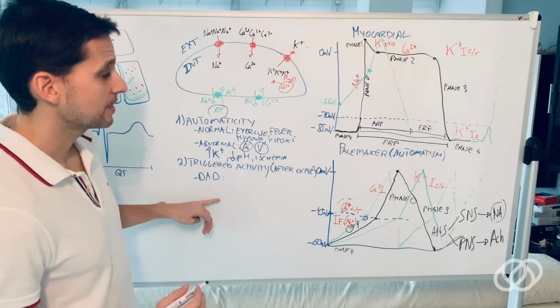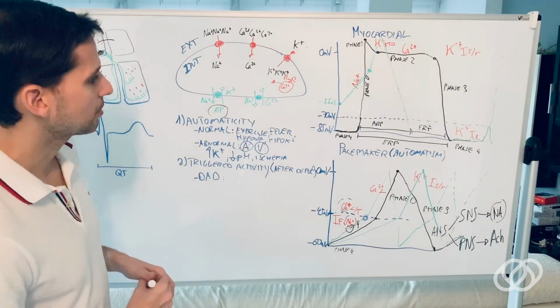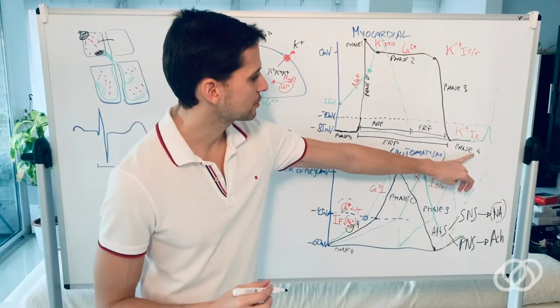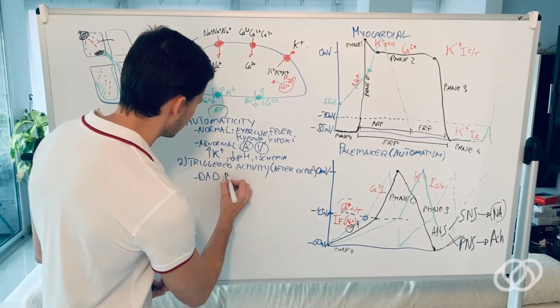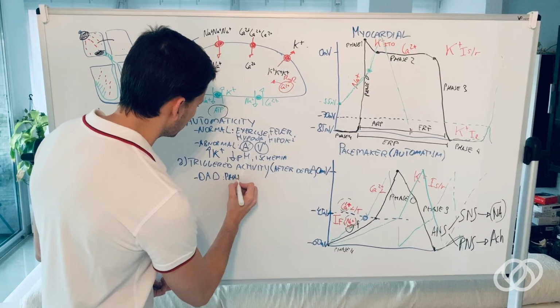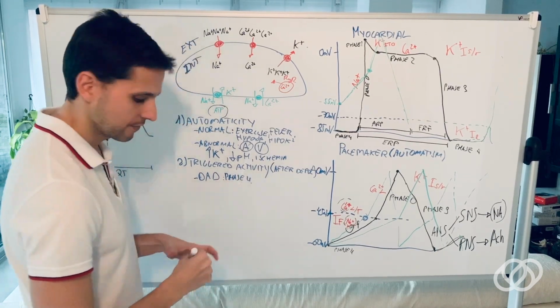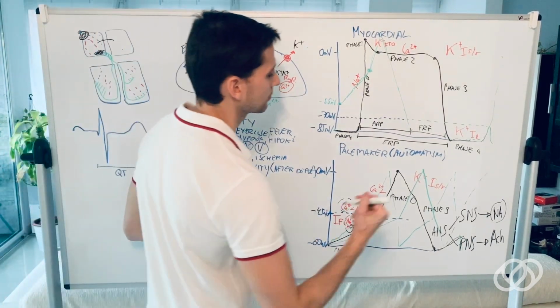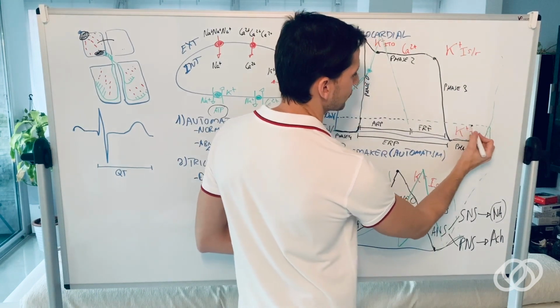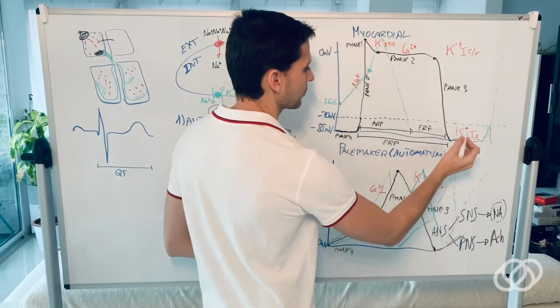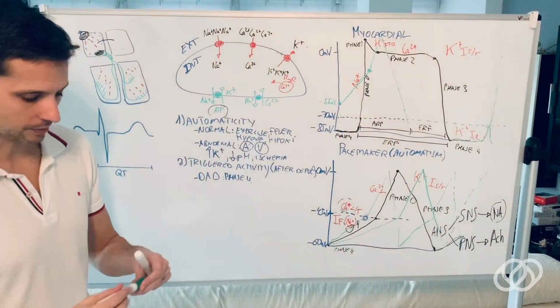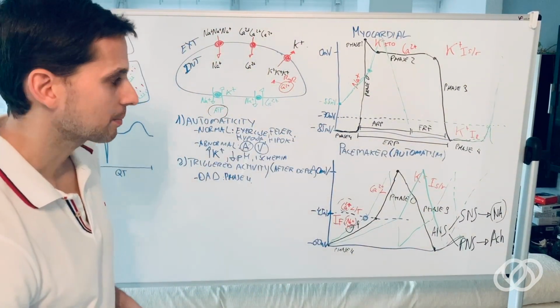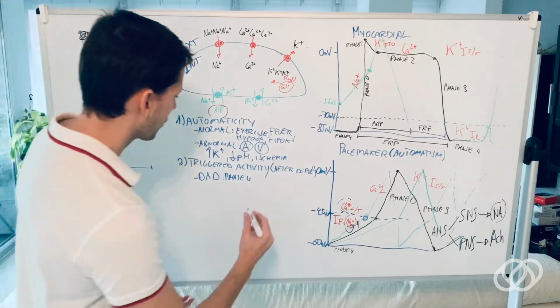It happens when this depolarization starts in phase 4, like the one we have here, phase 4. If the stimulus is big enough and it reaches the threshold, a new action potential can begin. Okay? Why does it happen? Usually because of the entrance of calcium.